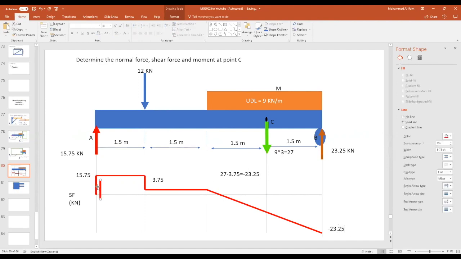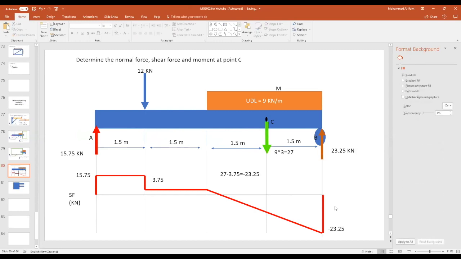I have my support reaction, which will close the shear force diagram. So here is minus 23.25, and then the support reaction 23.25, and that's what closes it. That's exactly how the shear force diagram looks. It's very easy, very good, and not that difficult. Any issues with that shear force diagram? I think it's straightforward.